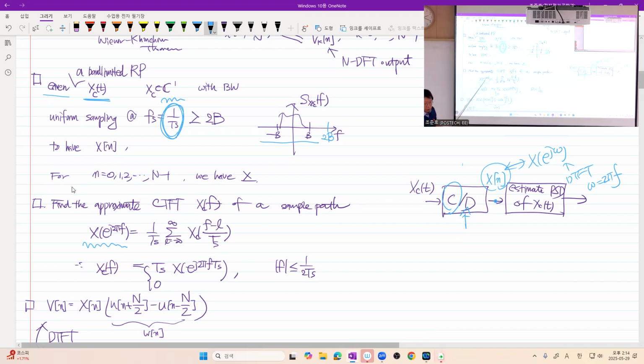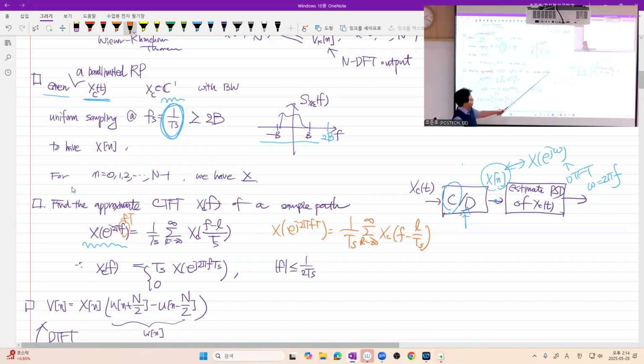Or if you want, you can change this one to FT, and then what you have is this one. Got it? Probably this would be more appealing because you just shift the original spectrum of a continuous time signal by integer multiples of the sampling rate.